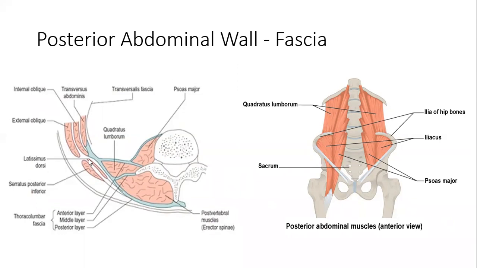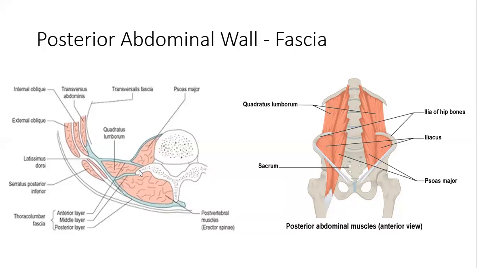Also, this fascia covers the latissimus dorsi muscle anteriorly, right? You can see that it is passing anterior to the latissimus dorsi muscle. The anterior layer attaches to the anterior aspect of the transverse processes of the lumbar vertebrae, the 12th rib, and below, up till the iliac crest.